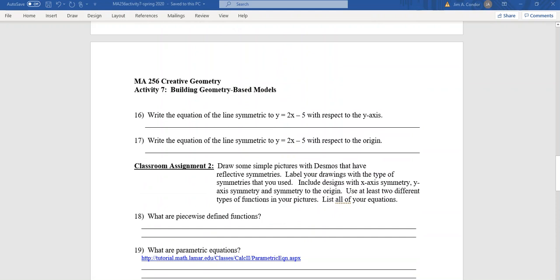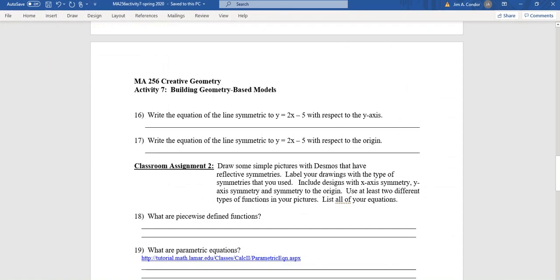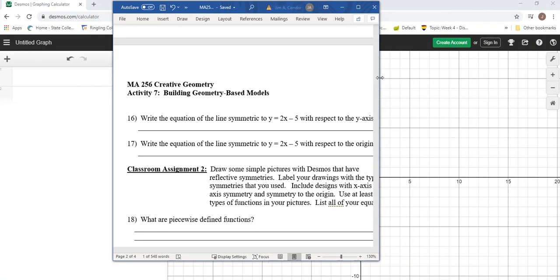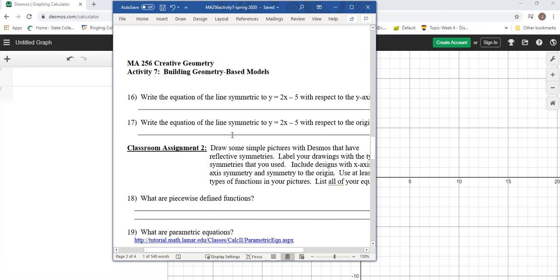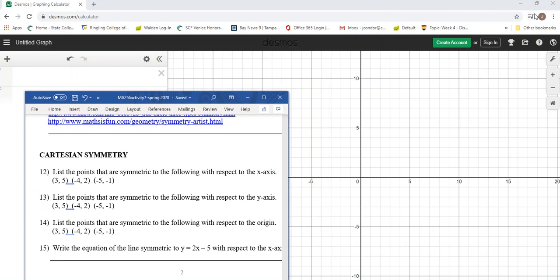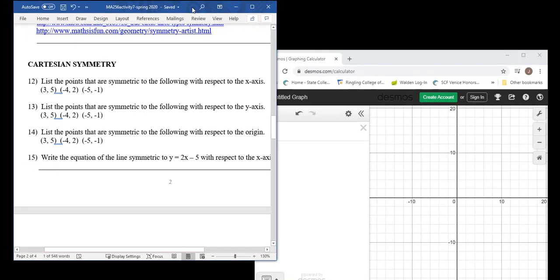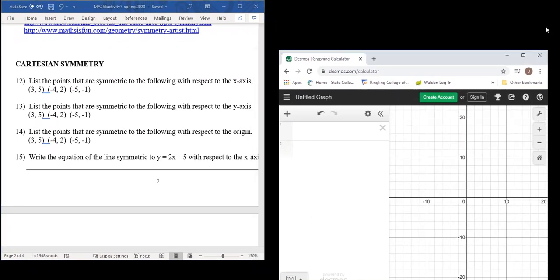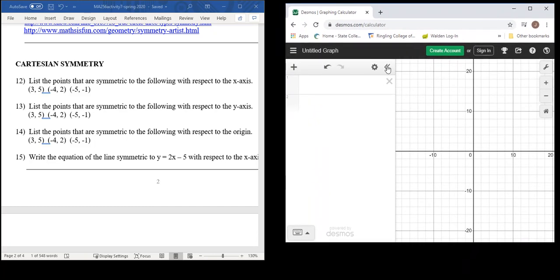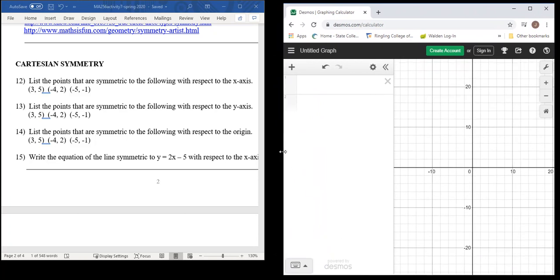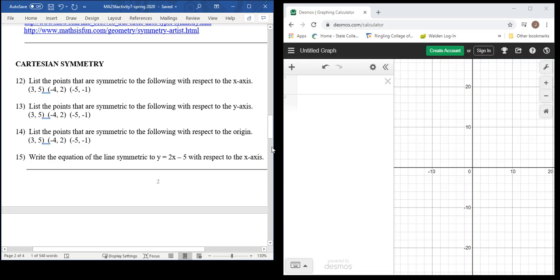It'll be easier to show. Okay, now there we go.